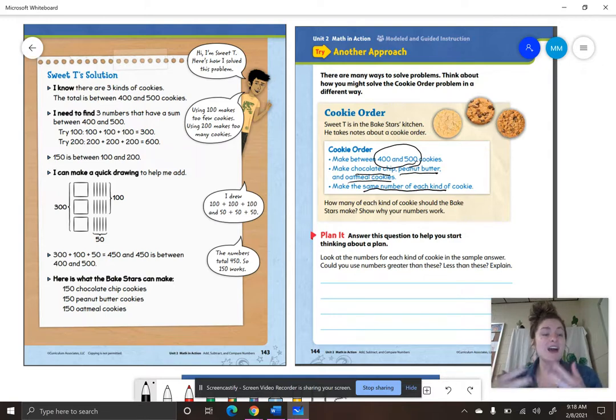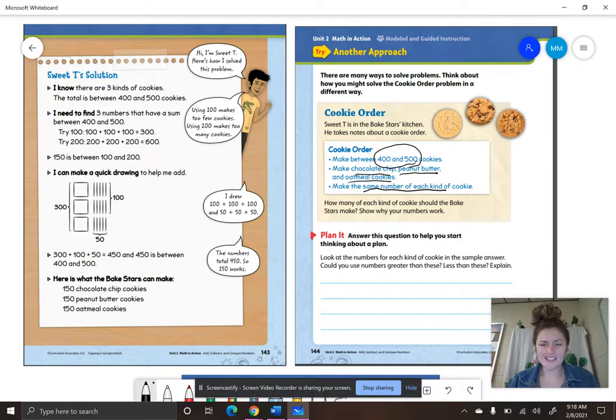If he adds that all together, he would have 300 plus 100 plus 50. 450 is between 400 and 500. So Sweet Tea's solution is to have 150 cookies of each type.